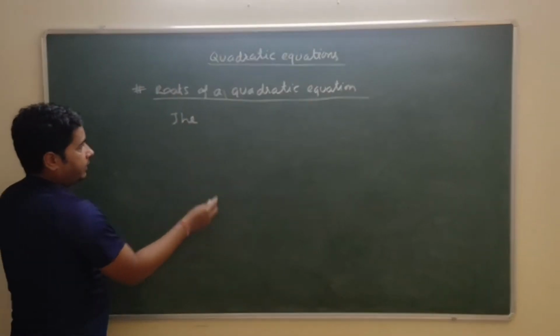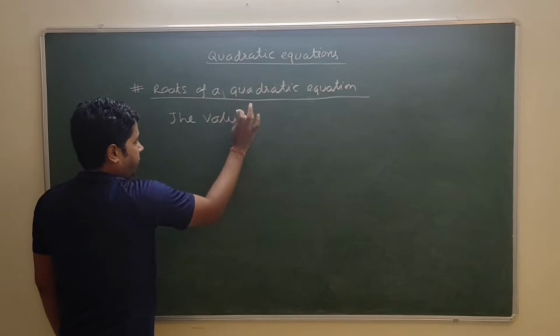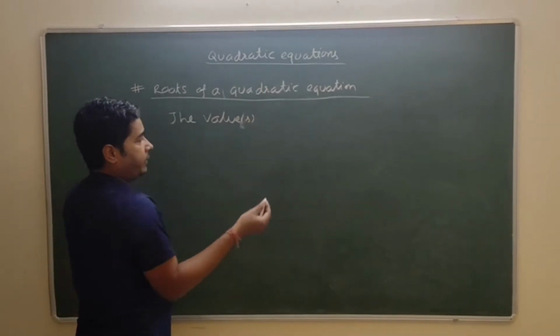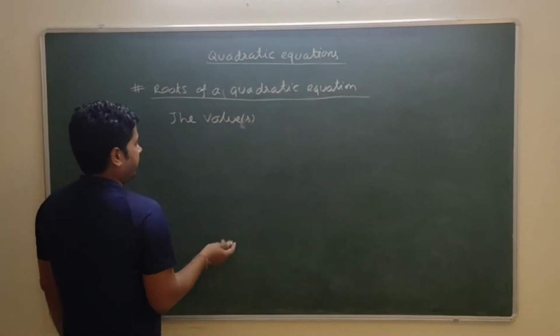Roots are basically the value or the values of the variable. Roots can be more than 1, more than 2 or anything else.